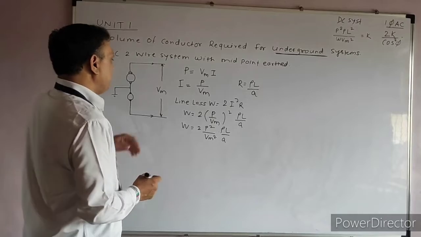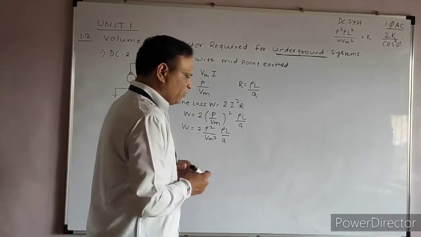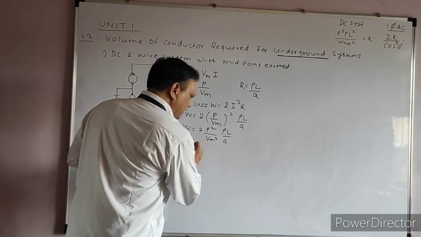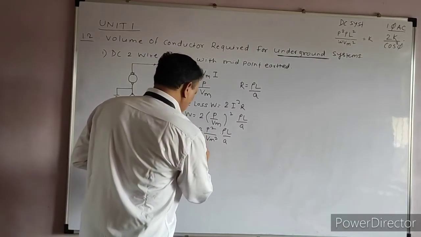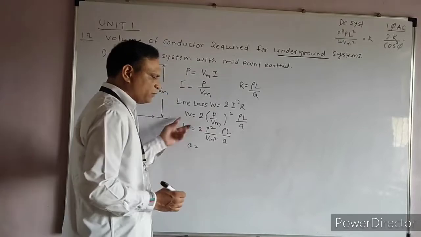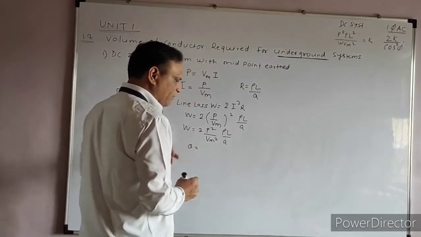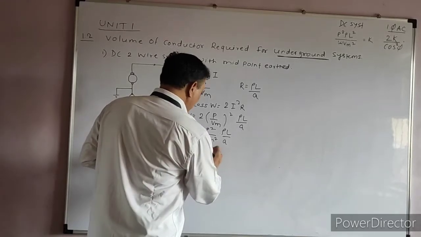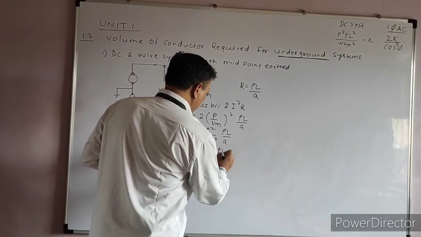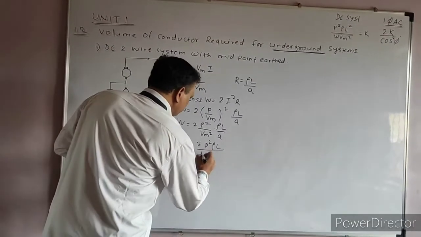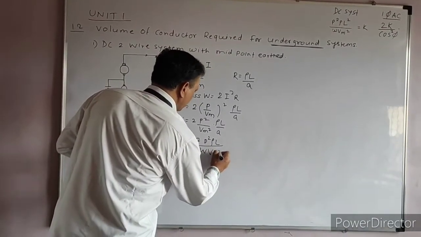If I want to calculate the area from this, then if you rearrange the equation and cross multiply, finding the area on the left hand side, you will get the value of area as 2P square rho L upon W Vm square.